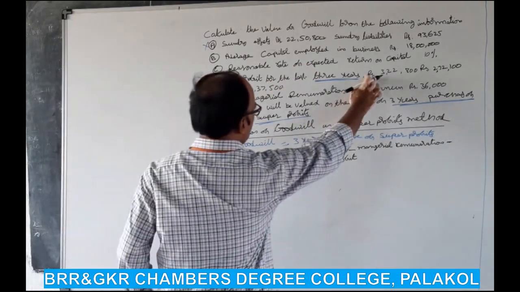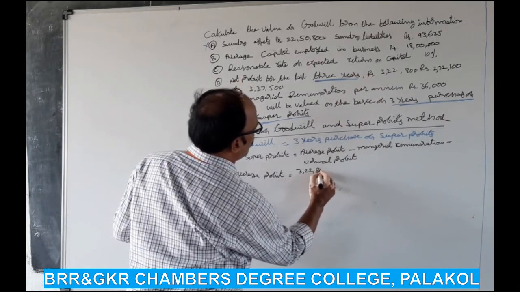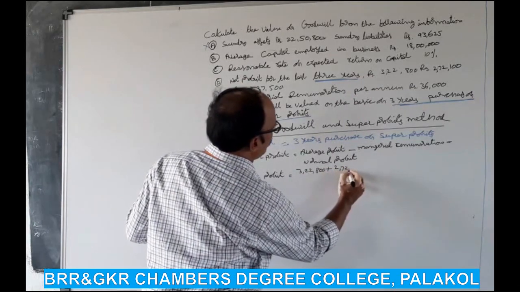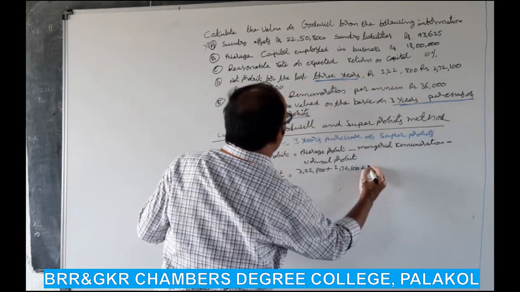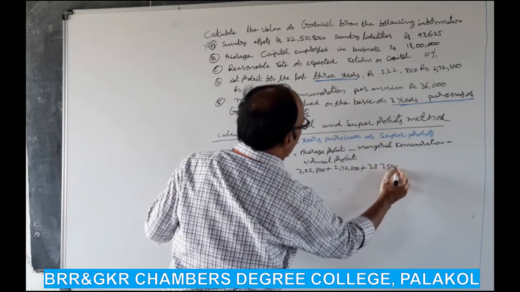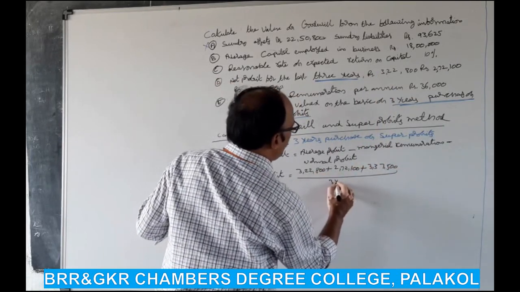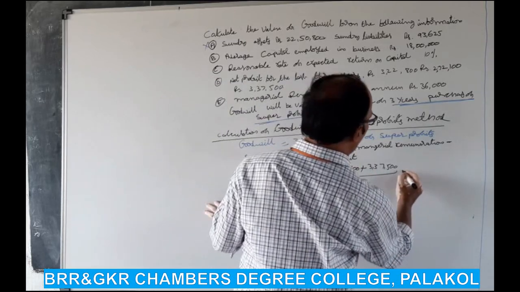First year profit 3,22,800 plus second year 2,72,100 plus third year 3,37,500, divided by 3 years.